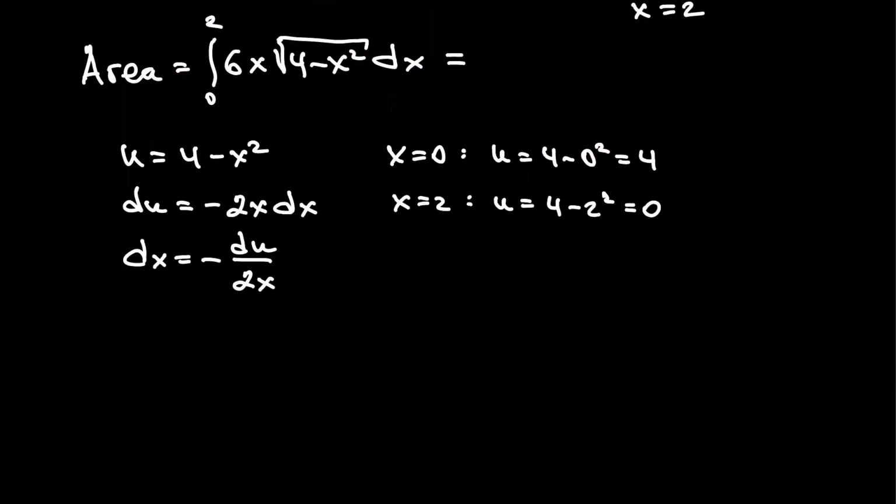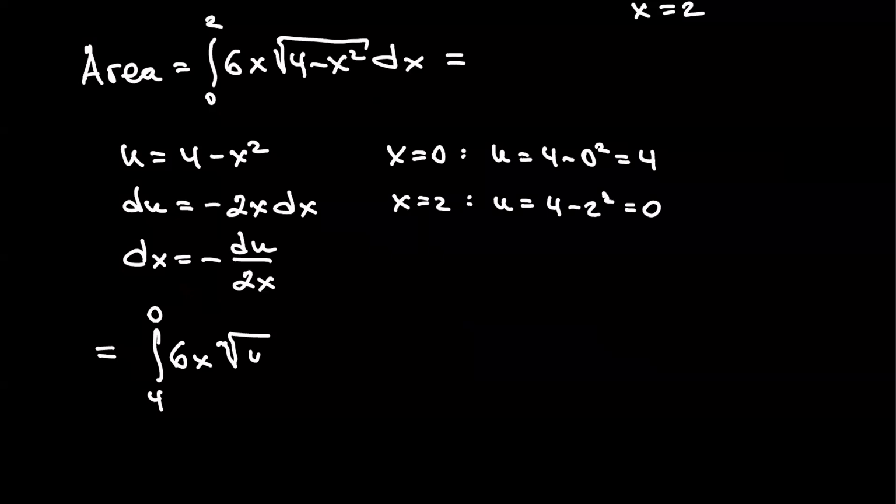Then this integral is equal to the integral from 4 to 0 of 6x, and instead of the square root of 4 minus x squared, we plug in square root of u, and instead of dx, we plug in negative du over 2x.